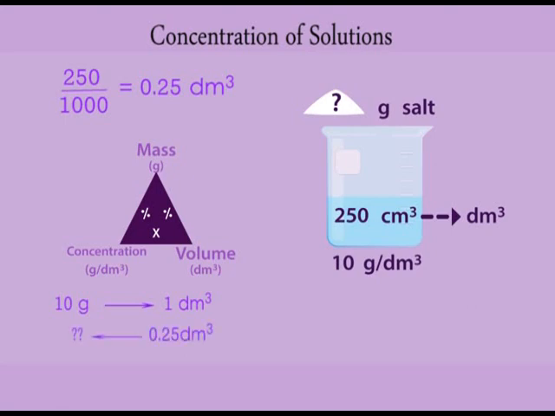How many grams? We have 10 grams times 0.25 cubic decimeters over 1 cubic decimeter. Cubic decimeters cancel out and we remain with 2.5 grams. That is the mass of salt that you need to dissolve in 250 cubic centimeters to make a solution with a concentration of 10 grams per cubic decimeter.